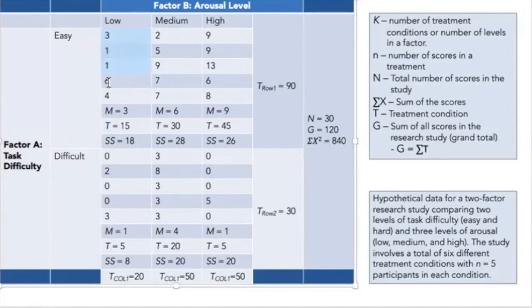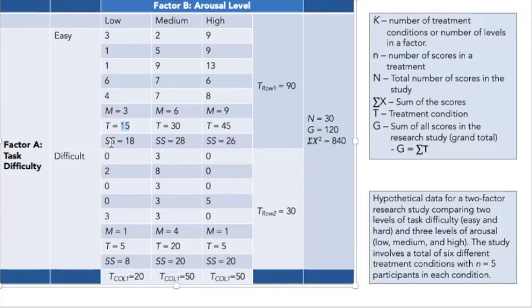If you add this all up, this will be 15. So 3 plus 1 is 4, plus 1 is 5, plus 6 is 11, plus 4, that's 15. That's the T here. Similarly, for the medium group, for easy it has a T of 30, and for the high group it has a T of 45.